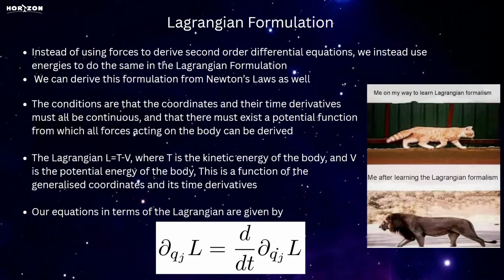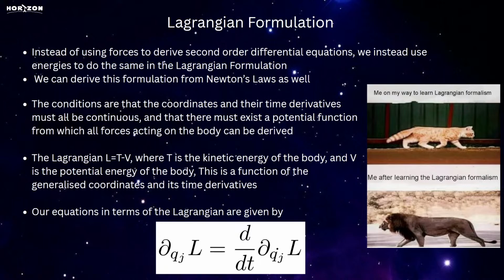By the way, since we have learned about generalized coordinates, we won't be talking about displacement, velocity or force, but instead generalized coordinates, the time derivatives of generalized coordinates, which I will be calling generalized velocity here, and generalized forces.